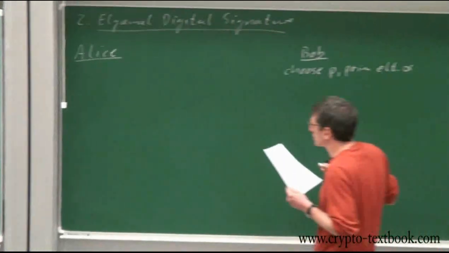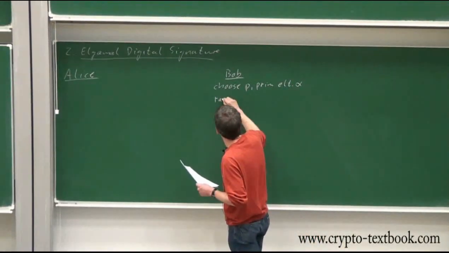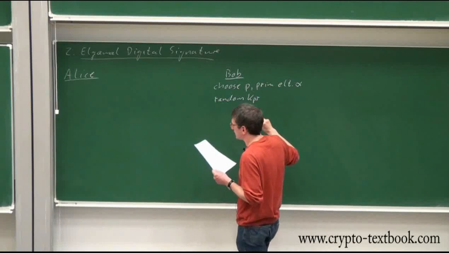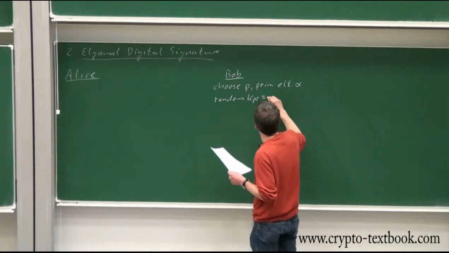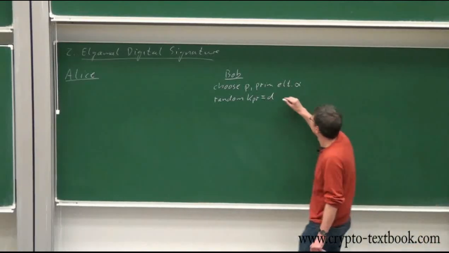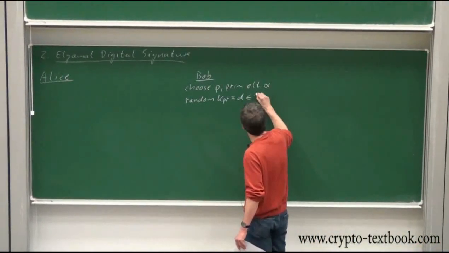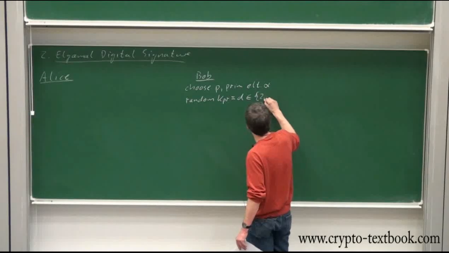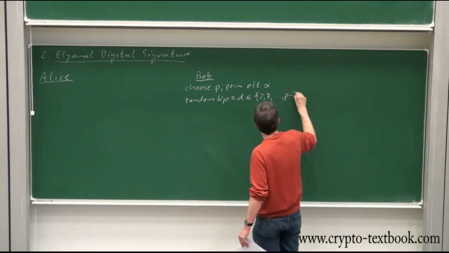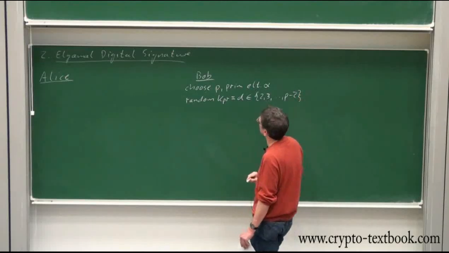If we now generate our random private key, which we call lowercase d, kleines d, as always, essentially from Z_p, but we kick the first and the last element out.